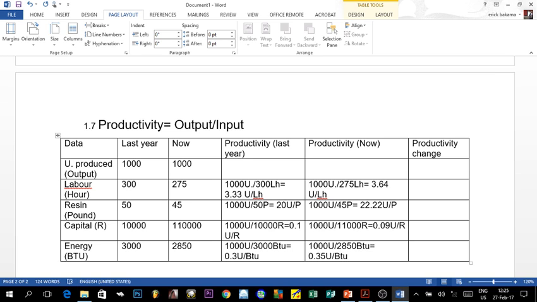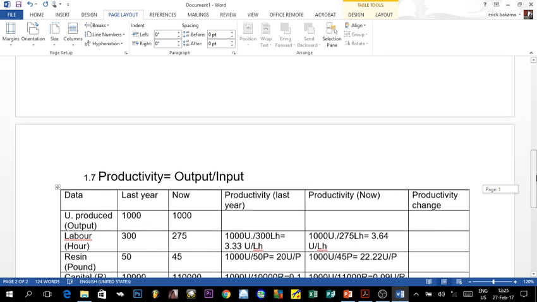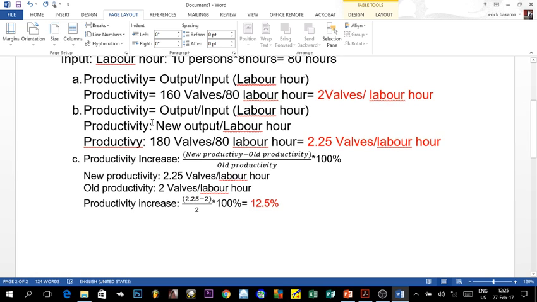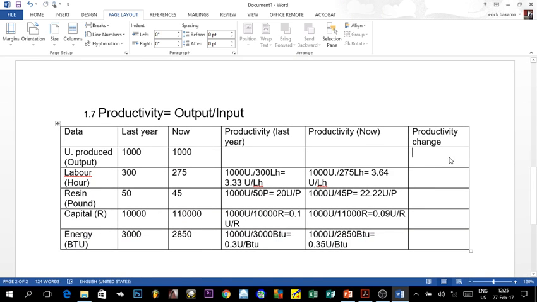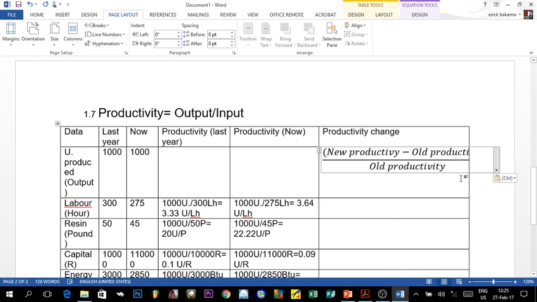So from now, what we need to do is check the productivity change again. So we need to compare with what it was last year. Remember that we still use the same formula that we used last year for the previous exercise. So this is the formula that you are going to use in this case.